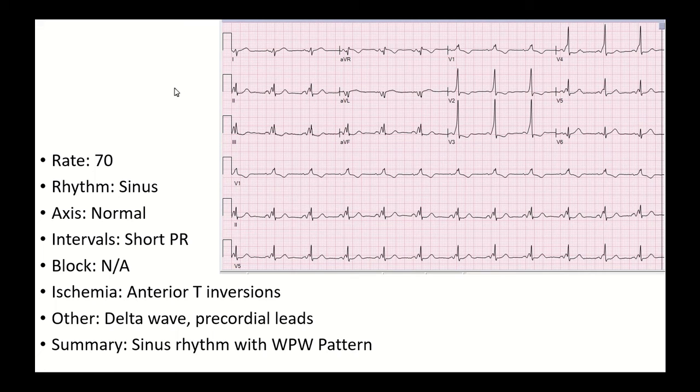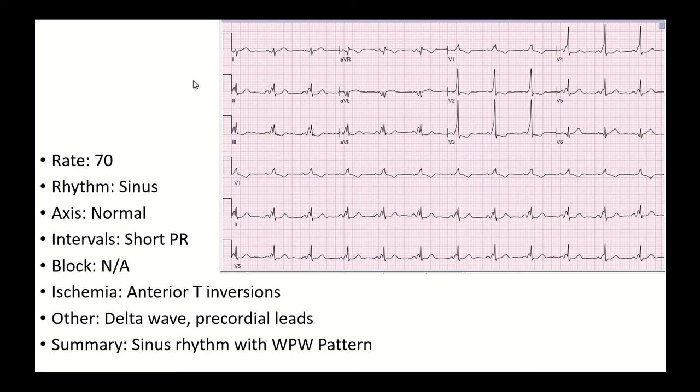So why does a Wolff-Parkinson-White pattern exist? What happens is there is a pathway of tissue connecting the atria to the ventricles that is going other than the pathway through the AV node. So this pathway could exist just about anywhere between the A and the V. It could be lateral, could be anterior, could be inferior.